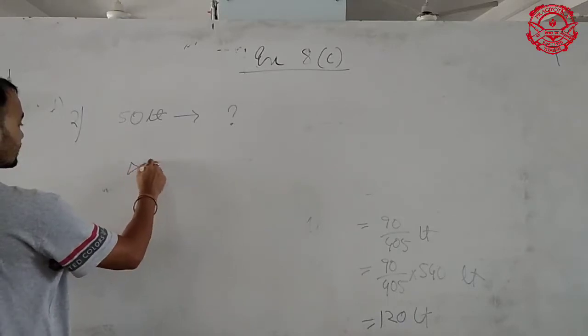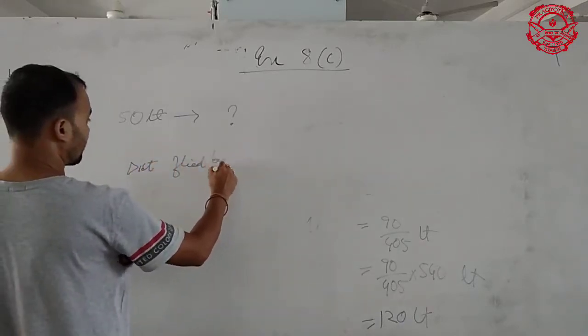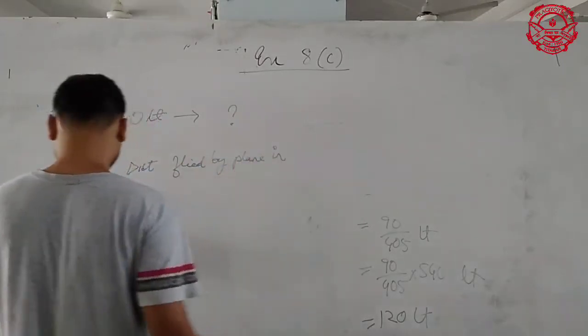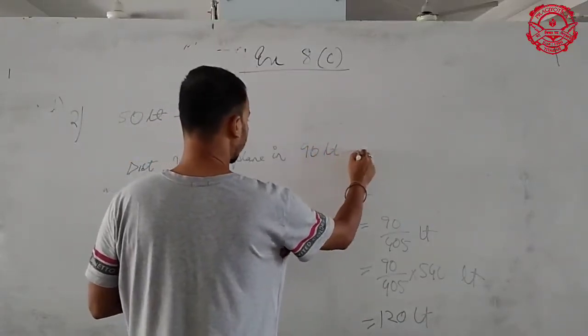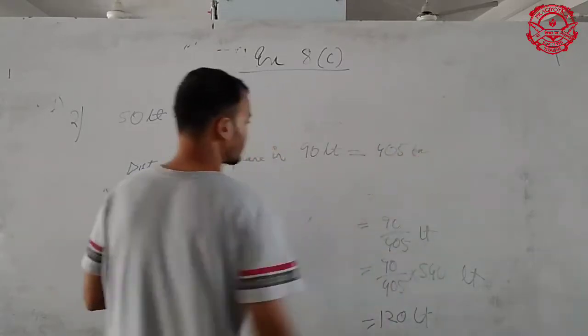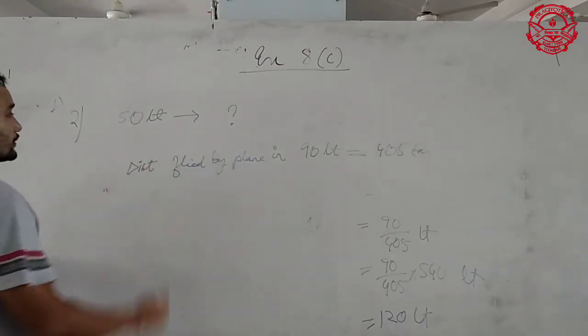Distance flown by the plane in 90 liters is equal to 405 kilometers. This was our first clue that was given in the question.